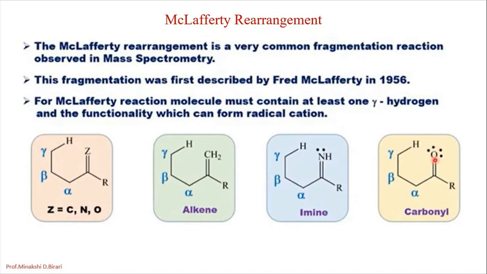So the McLafferty reaction occurs due to the presence of at least one gamma hydrogen and the functionality which can form the radical cation. All these examples satisfy both conditions. All carbonyl compounds like acids, aldehydes, esters also satisfy this condition and can undergo McLafferty rearrangement.